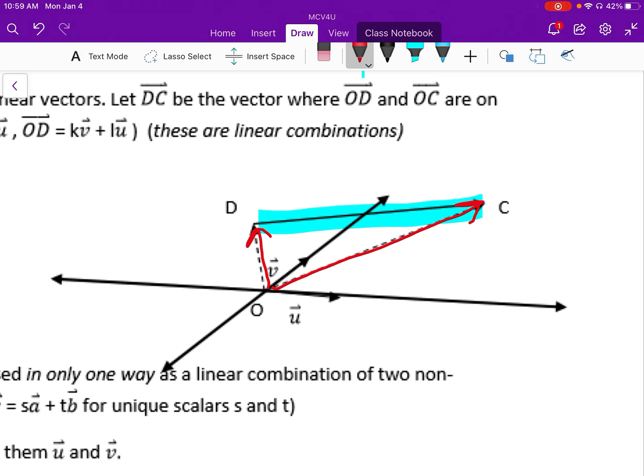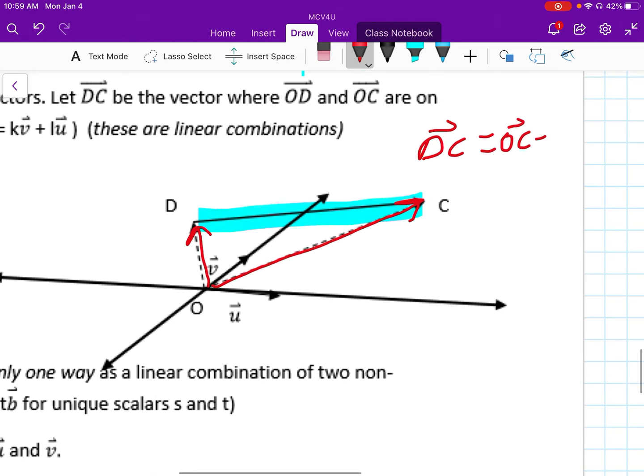Now, notice very quickly that there's a linear combination between OD, OC, and DC. Vector DC, we can see, is OC minus vector OD. This is vector subtraction.